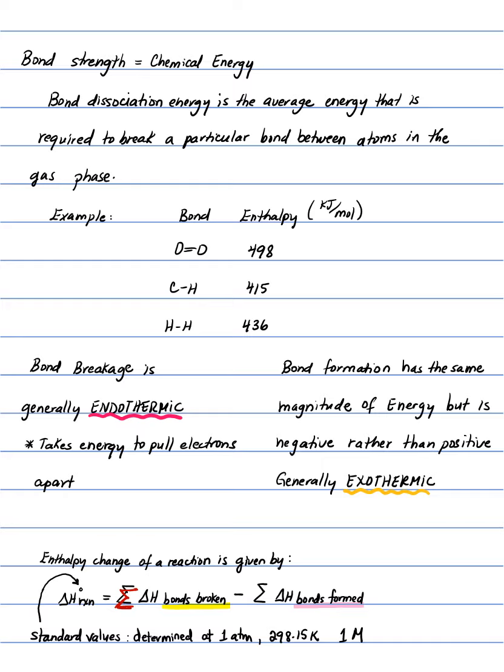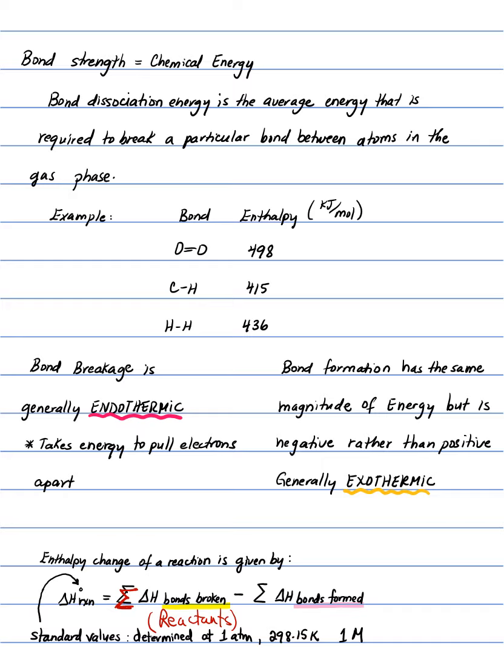So the first term right there is for the reactants. The bonds that are being broken are on the reactant side. So every single bond that is being broken, we need to add that amount of energy together for all of the bonds.